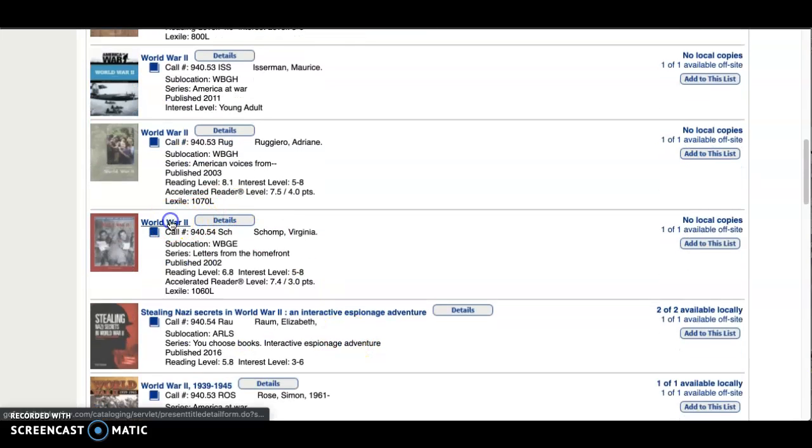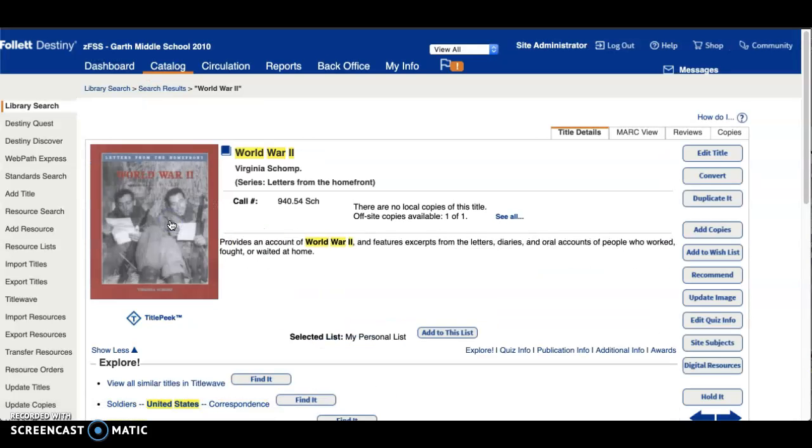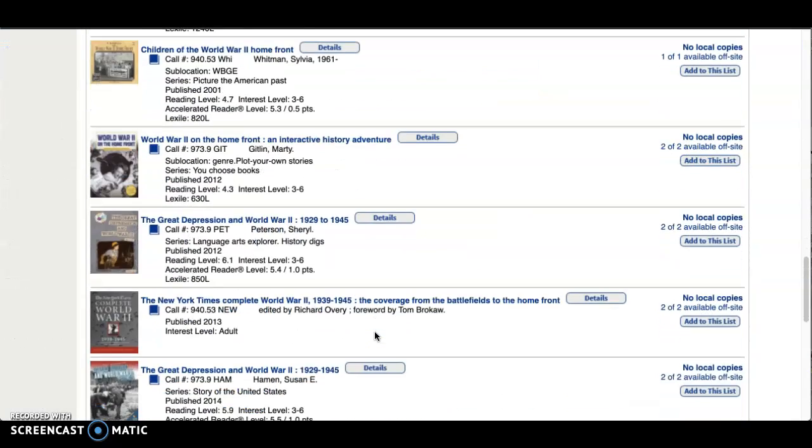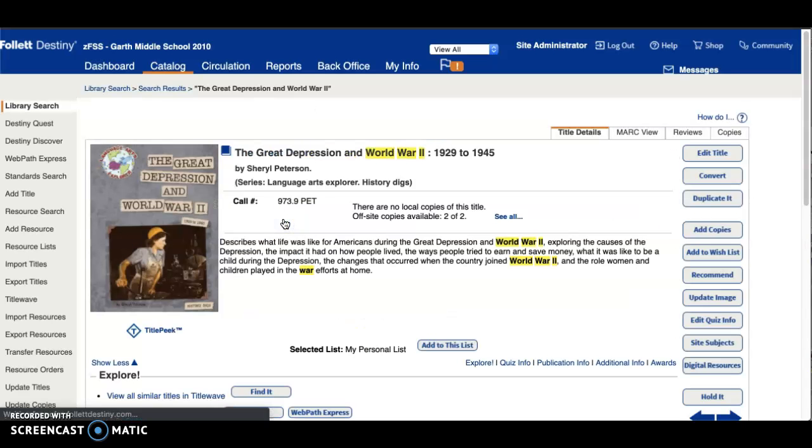Here's just World War II. There are excerpts, letters, diaries, and oral accounts of people who worked. The Great Depression and World War II describes what life was like for Americans during the Great Depression and World War II.